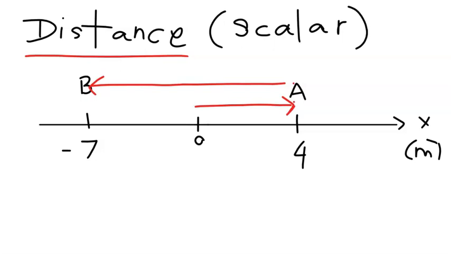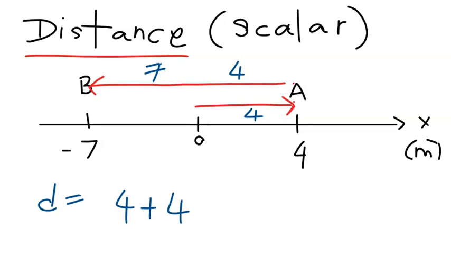Well, the total distance is given by 4 meters for the first leg, and then 4 plus 7 for the second leg of the motion. So together, the total distance for this motion is 4 plus 4 plus 7, so 15 meters.